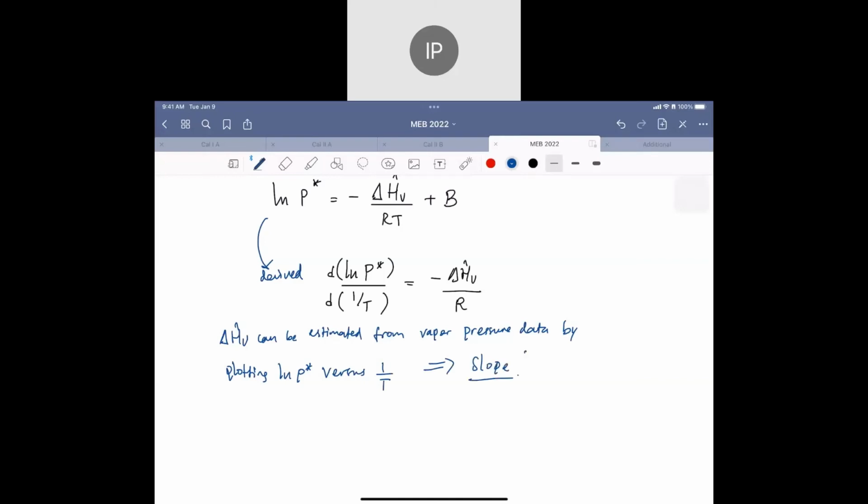The slope of the tangent to the curve. And you may use different numerical methods to find this plot of the graph.